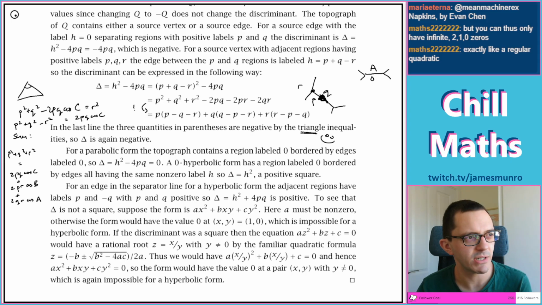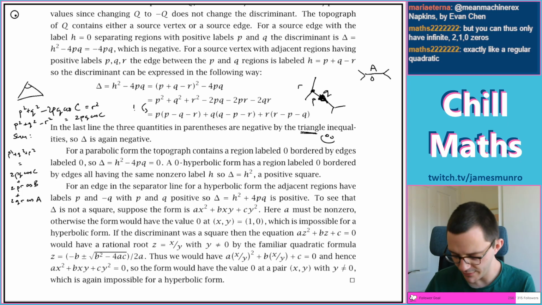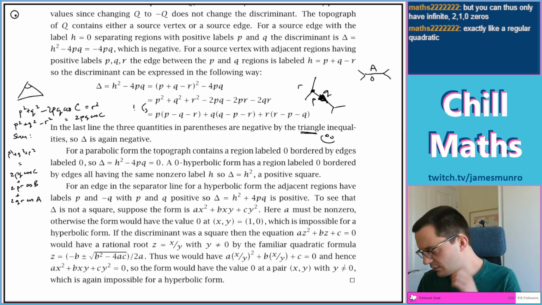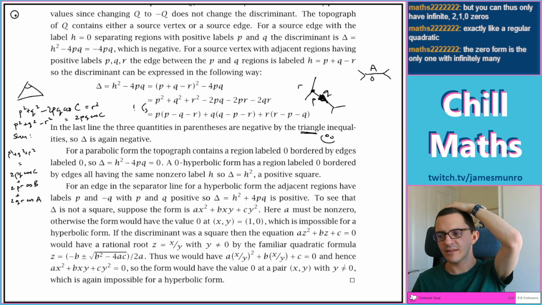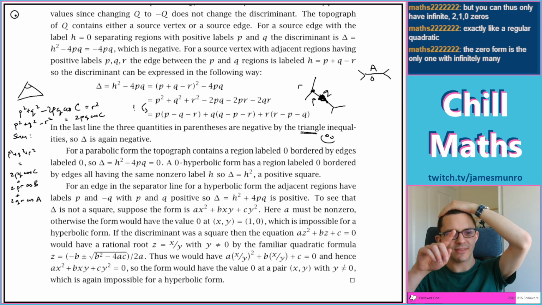I mean, the 0 form does that, but have we seen that? Can you have infinitely many zeros? Where have we seen that? Do you mean like along the periodic line or something? Oh, you mean the 0 form, right? Yeah, we've seen something with.